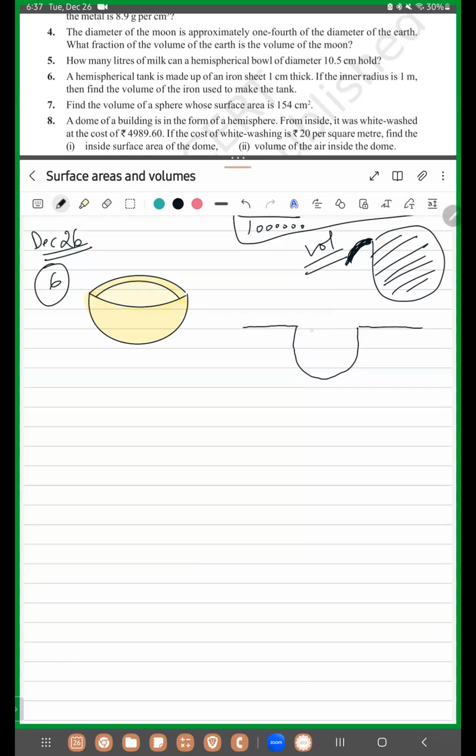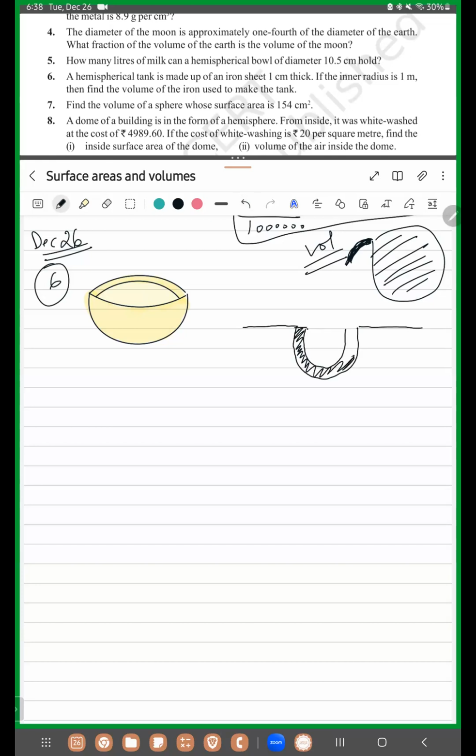So what they do is pour some metal over here, maybe till here, and then quickly they put another hemispherical shape. When they put that hemispherical shape, this metal will rise up and come off till here.